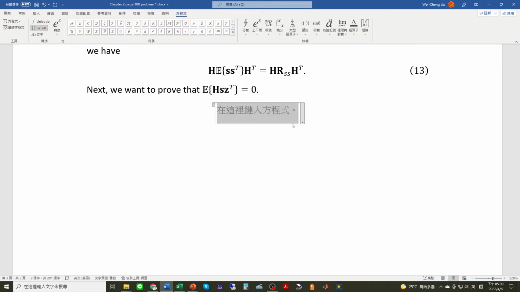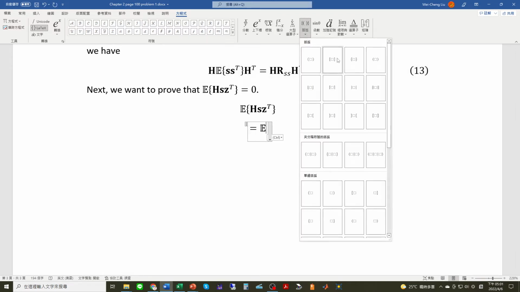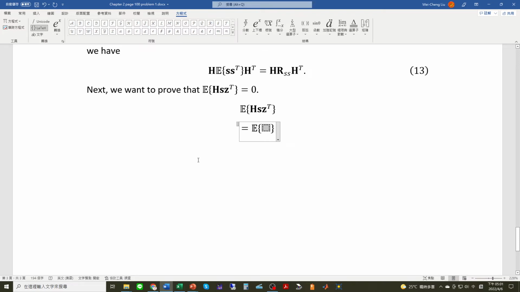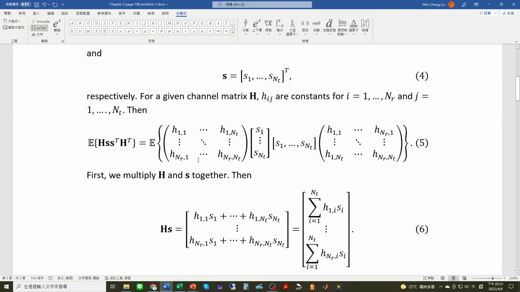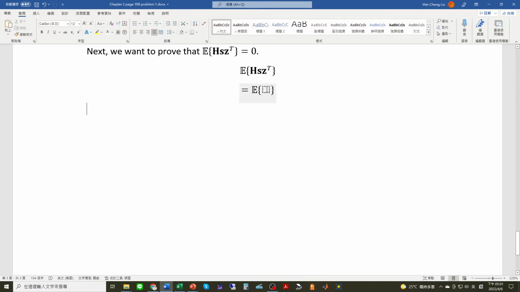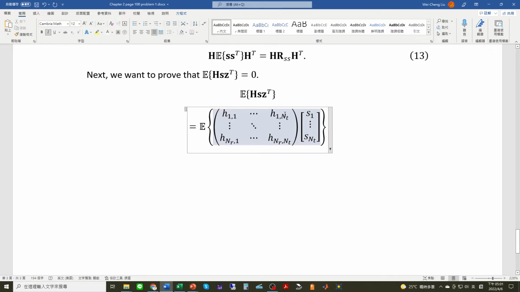So let us see the expectation of H times S times Z transpose, which is equal to the expectation of H S, which is this matrix and this vector, times the Z transpose.